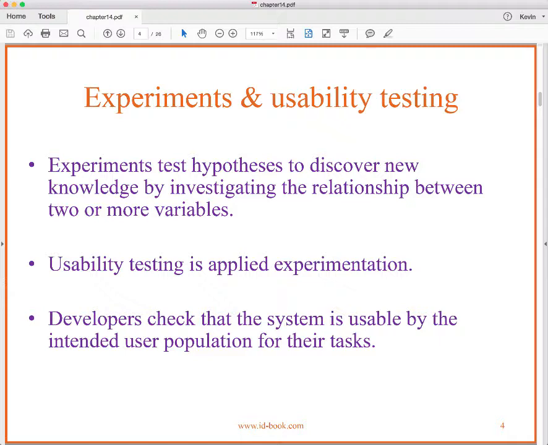Let's talk about experiments in usability testing. So experiments test hypotheses to discover new knowledge by investigating the relationship between two or more variables.